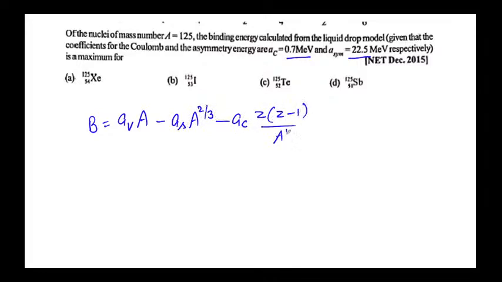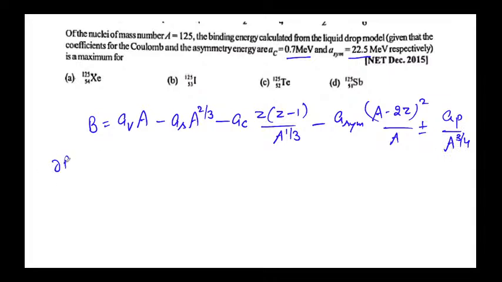So binding energy is: volume term minus surface term a_s A^(2/3) minus Coulomb energy a_c Z(Z-1)/A^(1/3) minus asymmetry energy a_a (A-2Z)^2/A plus or minus pairing energy over A^(3/4).